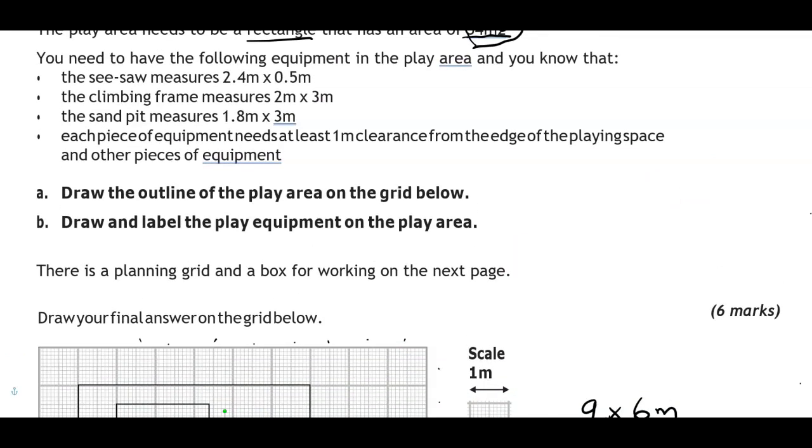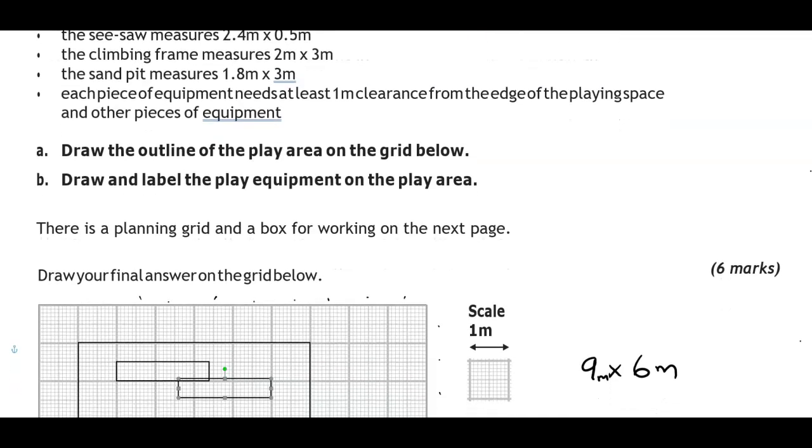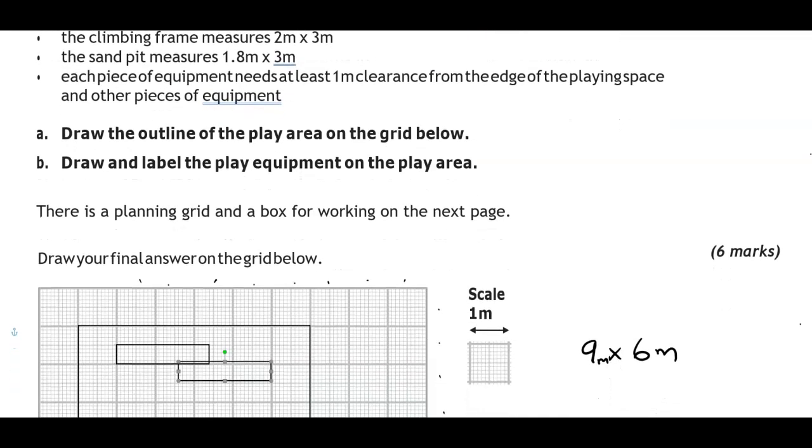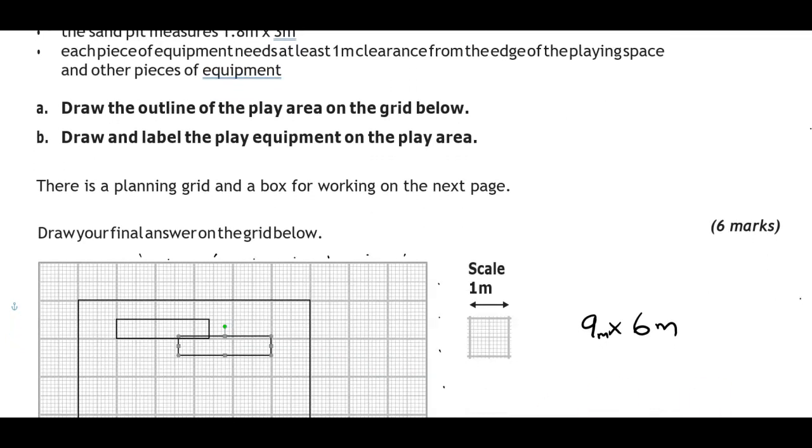Climbing frame, 2 meters by 3 meters. So there's 2 meters and 1, 2, 3 meters.